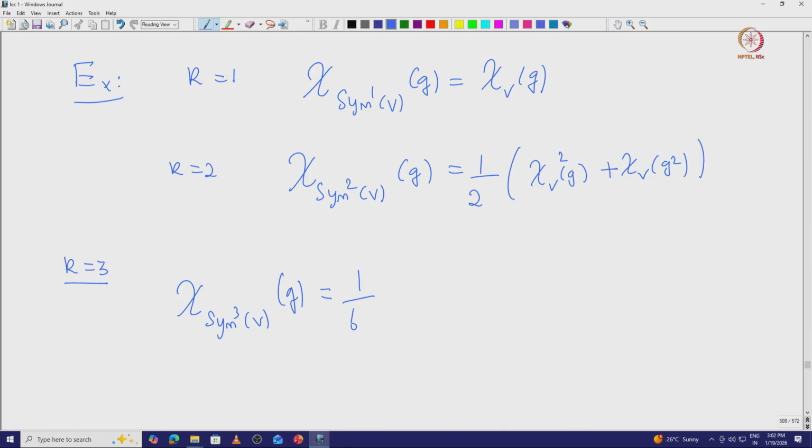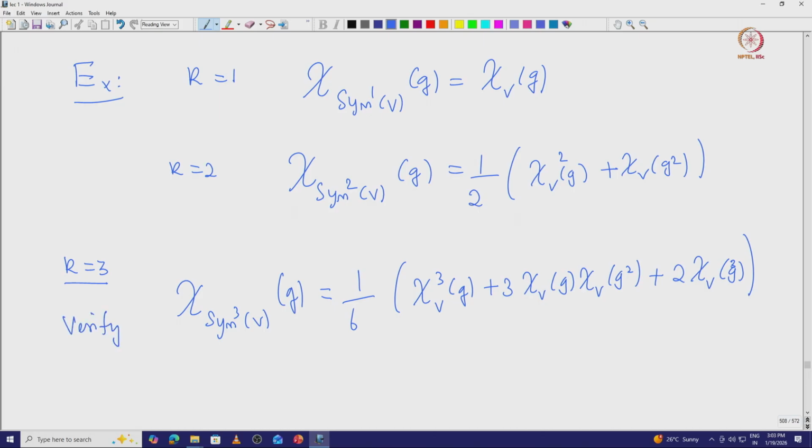So you get exactly 1 by 6 times chi_V of g cubed plus 3 times chi_V of g times chi_V of g squared plus twice chi_V of g cubed. So this is what we get for power 3. Okay, I will leave it to you to verify. This can be read off from this identity.